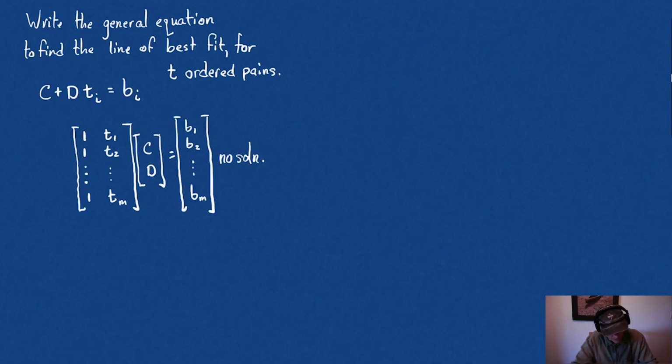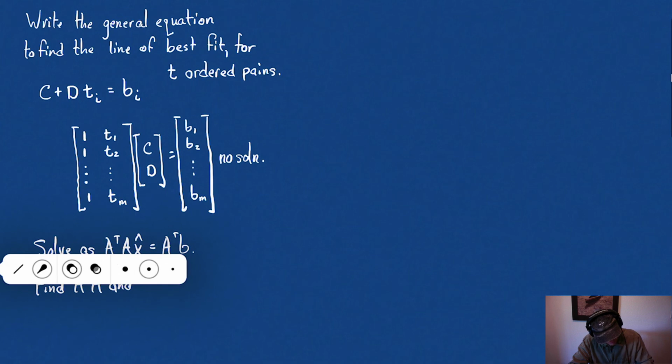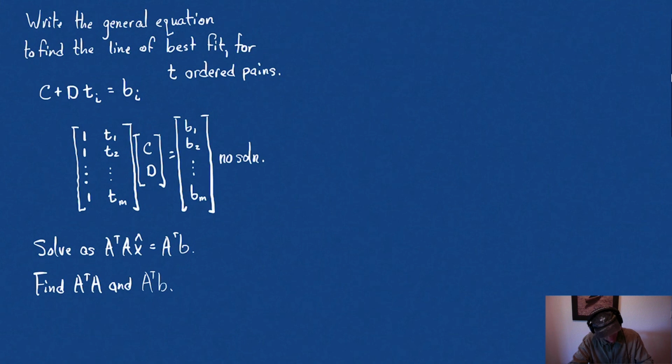How do we solve it? We solve it as A transpose A x hat equals A transpose B. And so what I want to do now is find A transpose A and A transpose B. All right, let's do that.